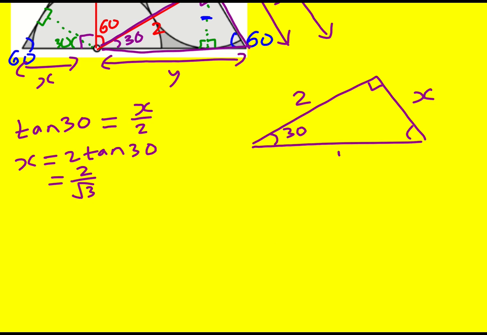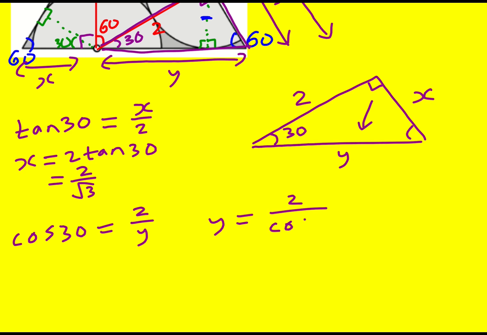Also, we have Y here. That one is the hypotenuse, remember? So I'll probably use cos. So cos 30 is equal to my adjacent 2 divided by Y, which means that Y is equal to 2 divided by cos 30.